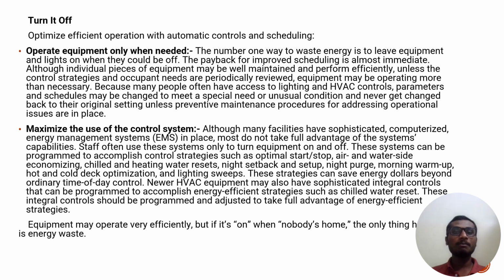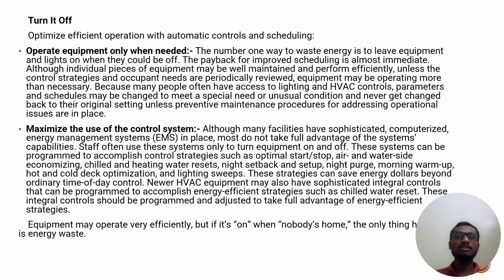Individual pieces of equipment may be well maintained and perform efficiently, but unless the control strategies and equipment needs are periodically reviewed, equipment may be operating more than necessary. Because people often access lighting and HVAC control parameters, schedules may be changed to meet a special need or unusual condition and never get changed back to the original setting, unless a preventive maintenance procedure for addressing operation issues is in place.